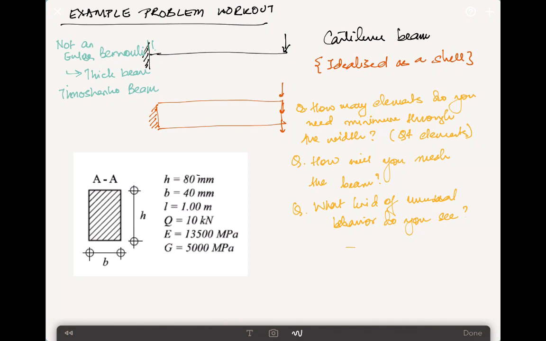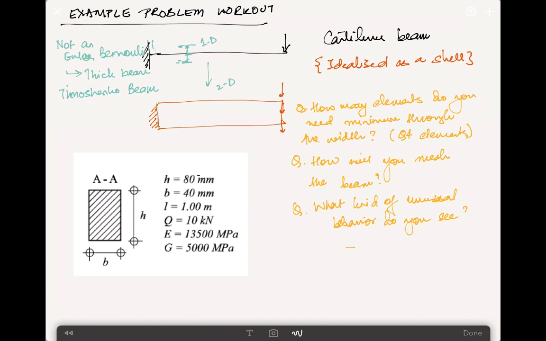Now, the way we would like to idealize this cantilever beam as a shell is looking through its cross section. So this is a one-dimensional image, and now we're looking at the two-dimensional image in terms of this shell. What you're looking at here is actually the same beam which has just been blown up in the height-wise direction.